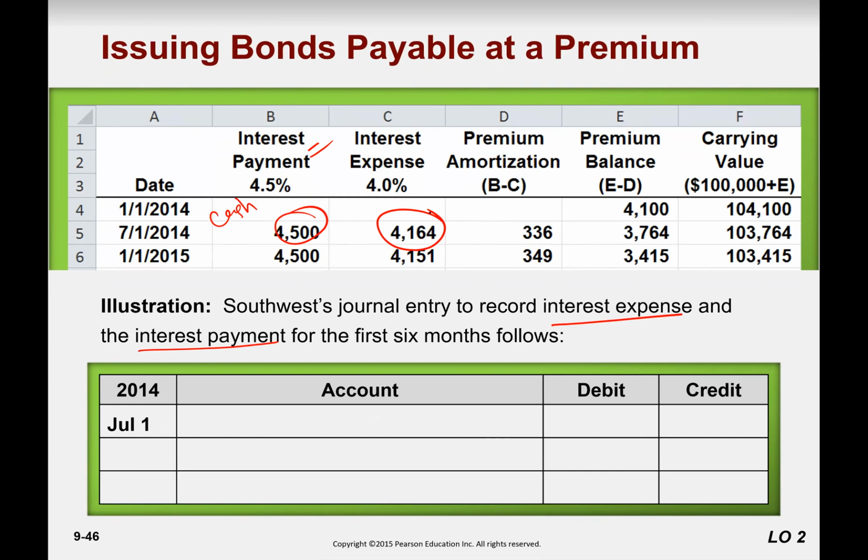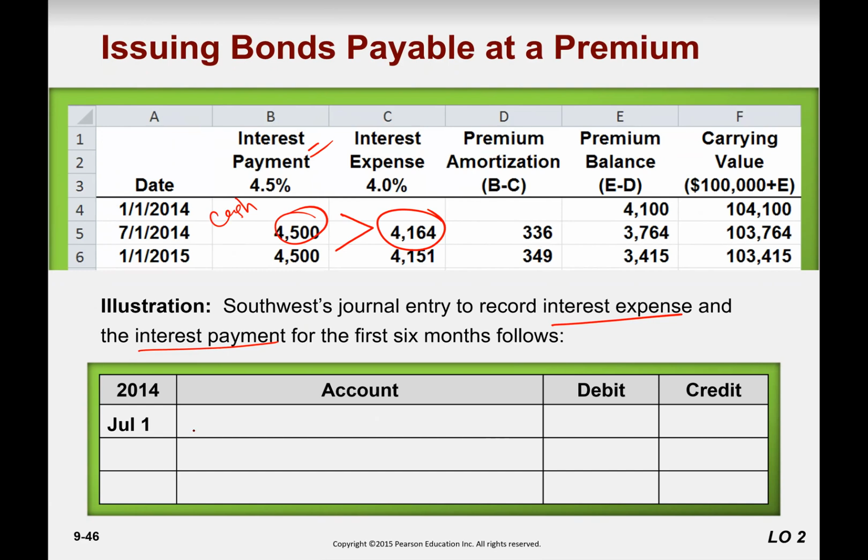So did you notice something? That unlike in bonds payable in discount, the interest expense is less than interest payment, right? Our interest expense is lower, so we record lower interest expense.